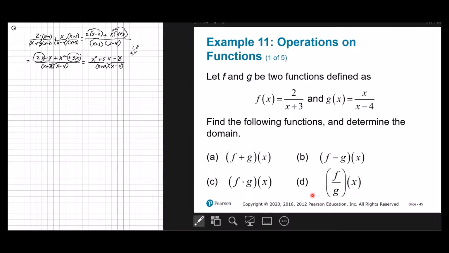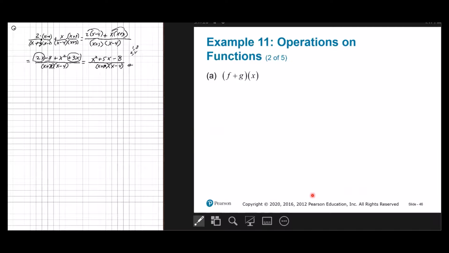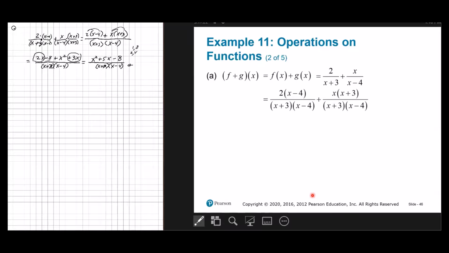And then they ask for the domain. So I look at what happens in the denominator, because what happens in the denominator is what's going to determine our domain and range. And see, they wrote it as two separate fractions at this point, where I wrote it as just one fraction because they have the same denominator.